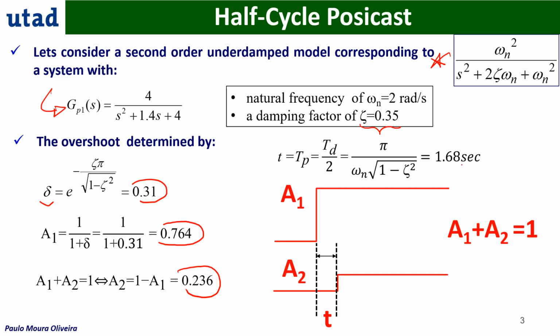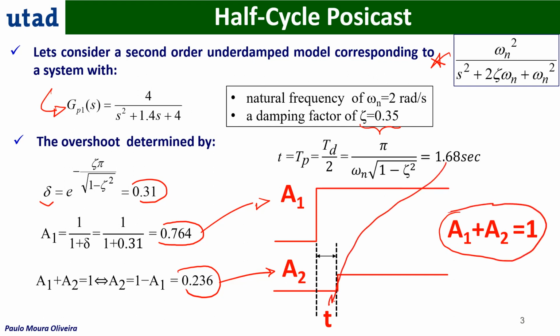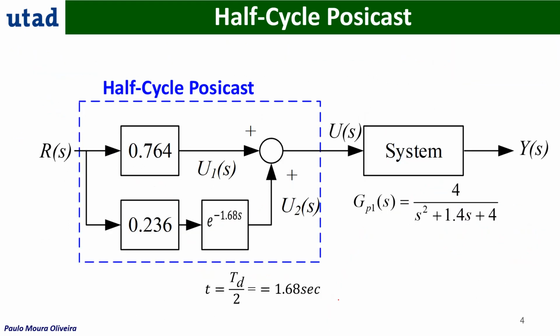So using the same representation as the last video, the amplitude A1 is this one, the amplitude A2 is this one, and this adds to 1 as it should, and the transition time or delay time for the second step is this one. Okay, so a block diagram representation can be this one, where this is A1, this is A2, the step should be 1, amplitude 1, and the delay is this one.